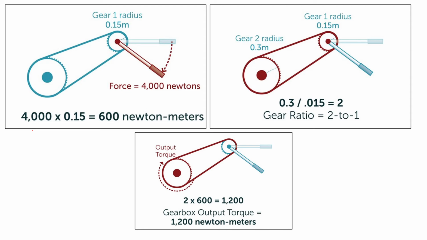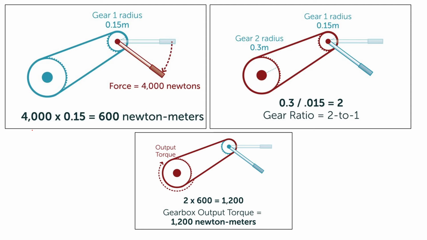Now this is connected by a string. To find out the gear ratio, it will be 0.3 meters divided by 0.15. Okay, so this point's incorrect. That should be 0.15. But the gear ratio is 2 to 1.